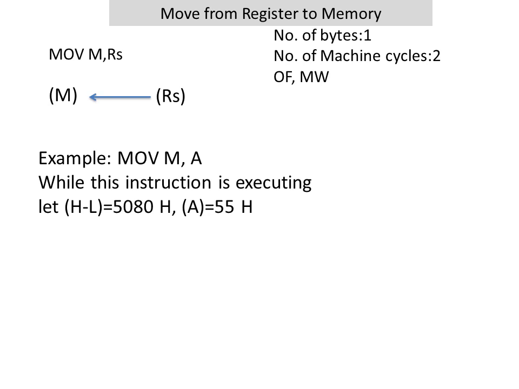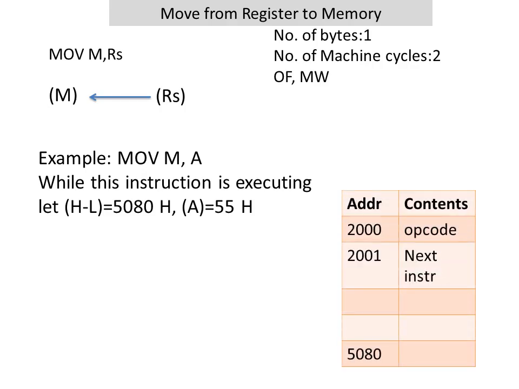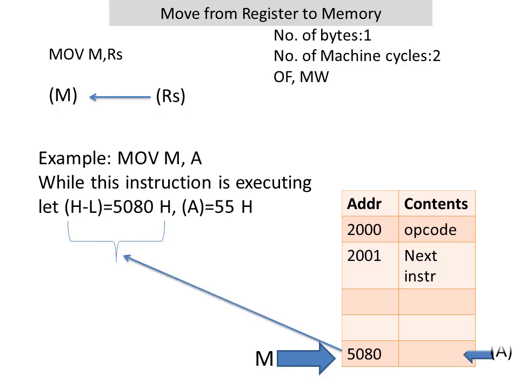The contents 55 from the accumulator will be copied into memory location 5080. So it is a memory write operation. M is nothing but the location 5080 because it is pointed to by the HL register pair. Now after execution, the contents of A, 55, will be copied here. Therefore, the contents of 5080 will be equal to 55 after the MOV M comma A instruction.